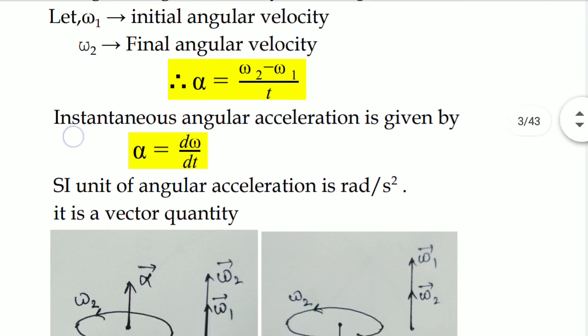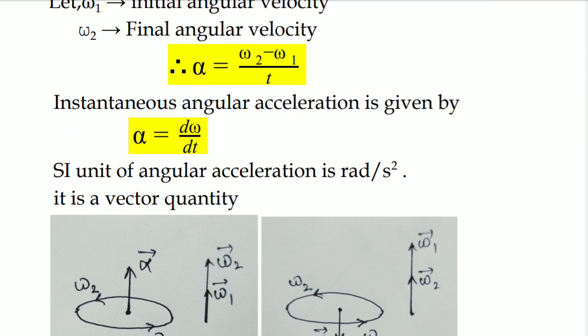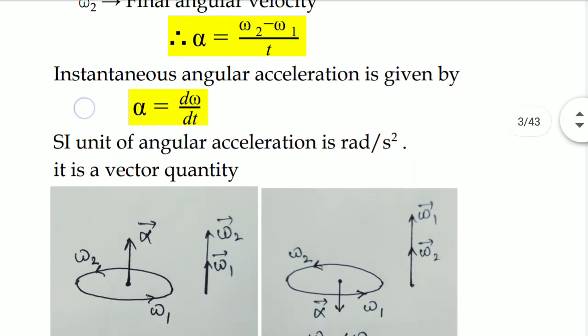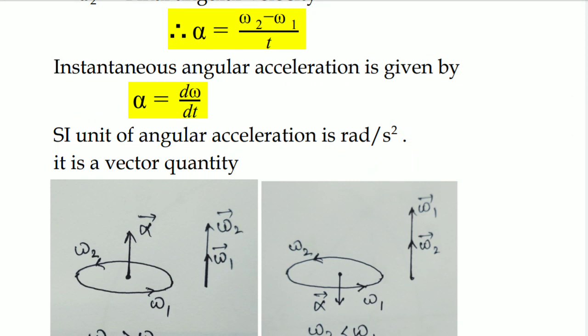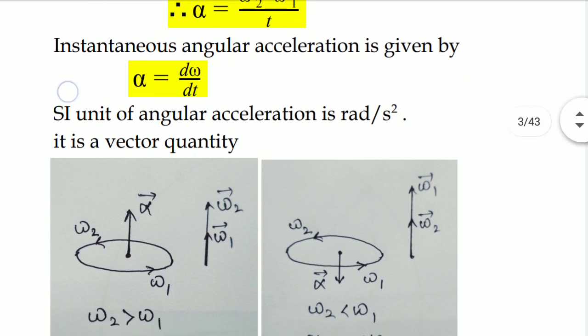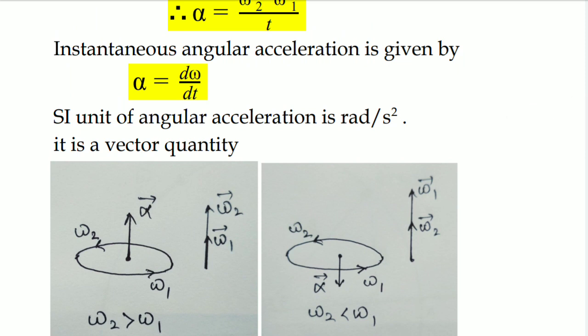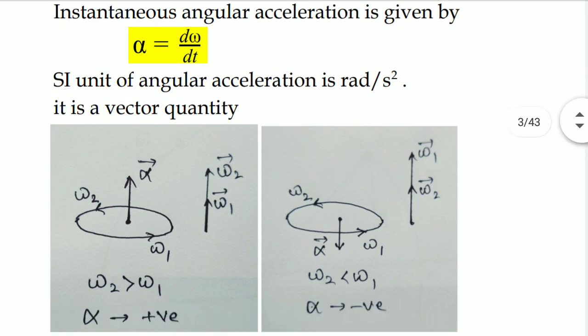Whereas if at all you allow very small time delta t, in which the change in the angular velocity is delta omega, then once again by using the limiting case, you understand that alpha is equal to d omega by dt, is the instantaneous angular acceleration of a particle performing circular motion. Now because it is omega upon time, its SI unit is going to be radian per second divided by second. That gives you radian per second square.